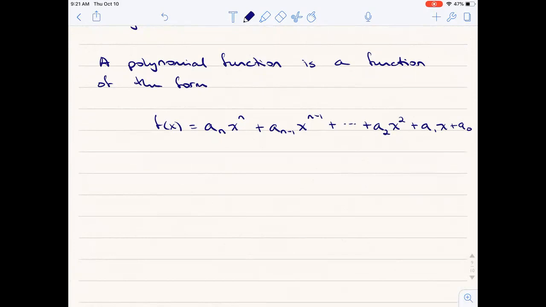So they're not really doing anything, and then x is to the power of n, and then decreasing powers from n. So just leaving room for any number of terms, but also any power.